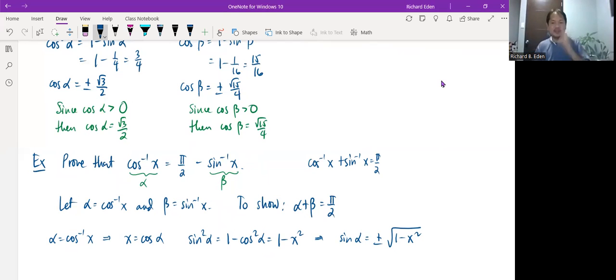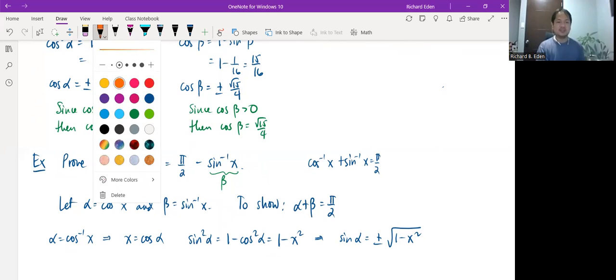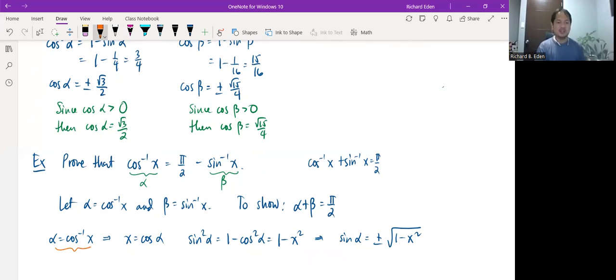And then in making the decision, we observe that because alpha is cosine inverse of x, it means that sine of alpha is greater than or equal to 0. So this means sine of alpha must be the principal square root, 1 minus x squared. This is because sine alpha is greater than or equal to 0.